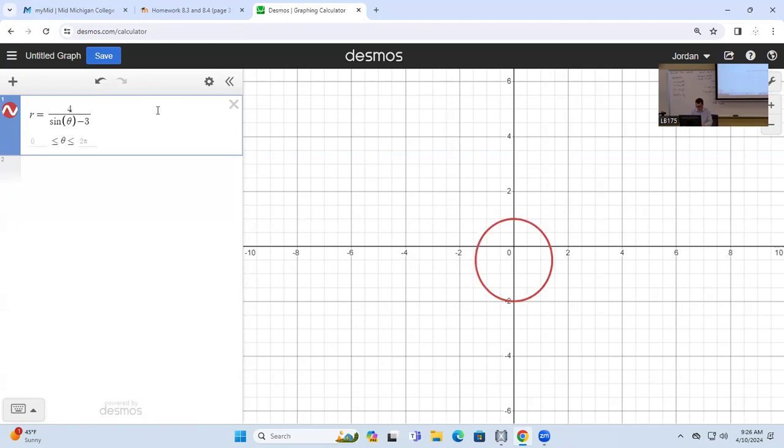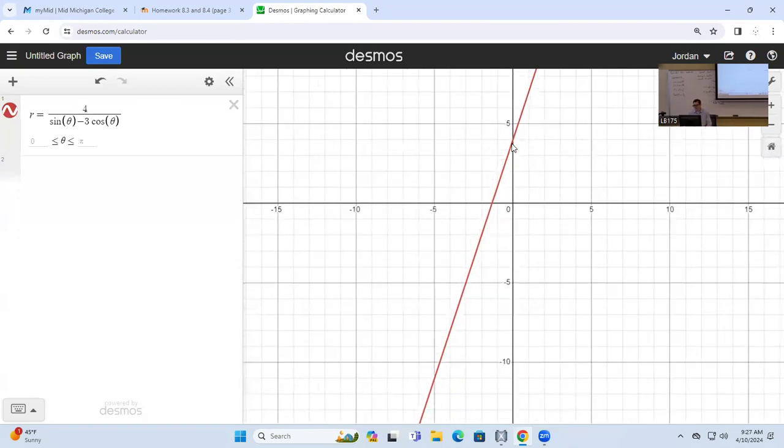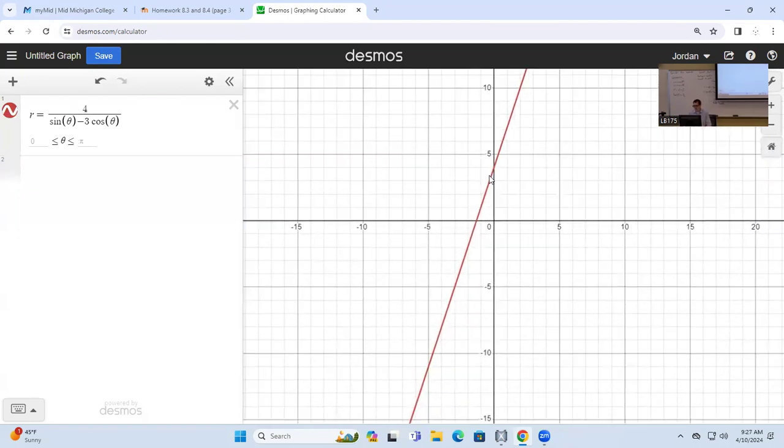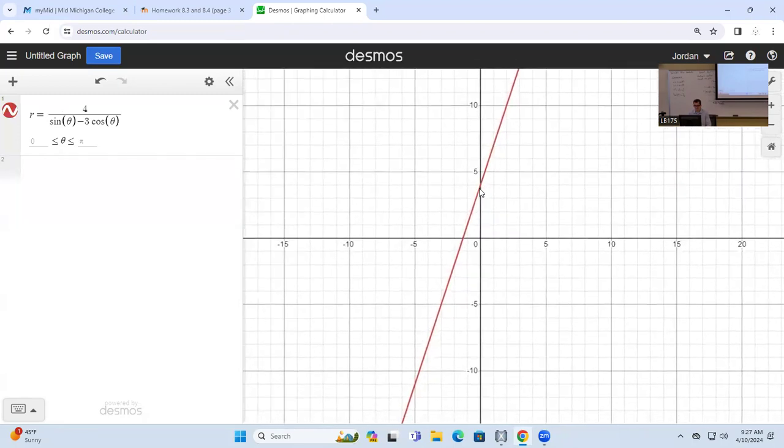Minus 3, and then cosine, and then T-H-E-T-A. And as soon as I hit that last letter, it does that. Now, Desmos kind of automatically knows that if you're dealing with r and theta, then you're dealing with polar, and it assumes you're dealing with radians. So there it is. Is that right?